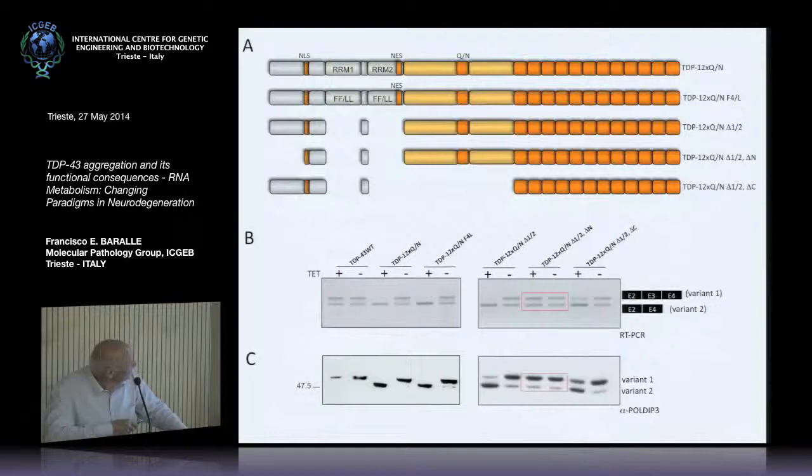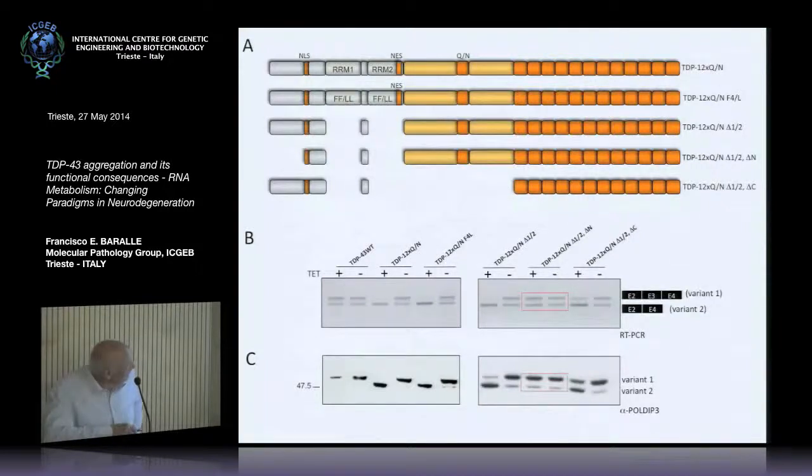This one produces a splice effect, this one as well. We screen it by the polydip2, endogenous gene effect. And you can see here that when you have this species, you get change of splicing, RNA mutant, RNA binding mutant also.